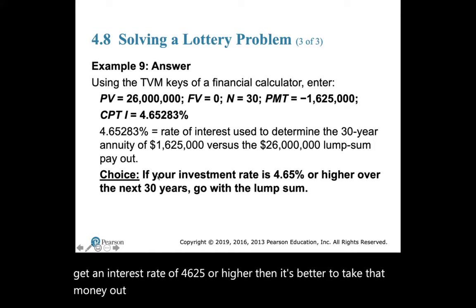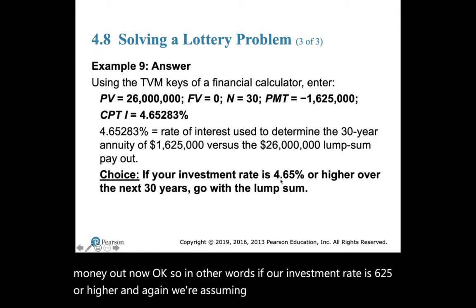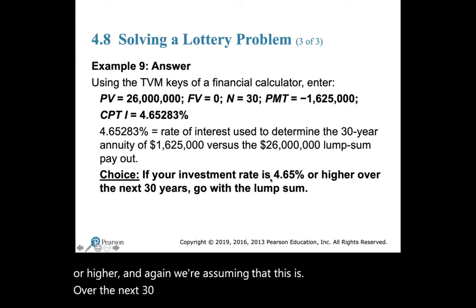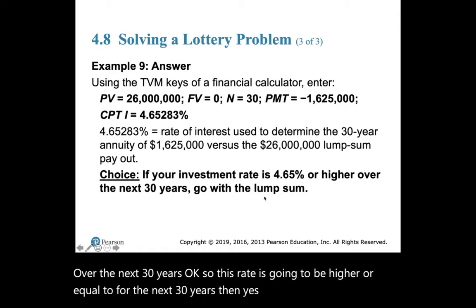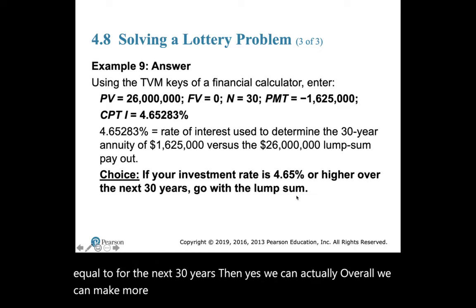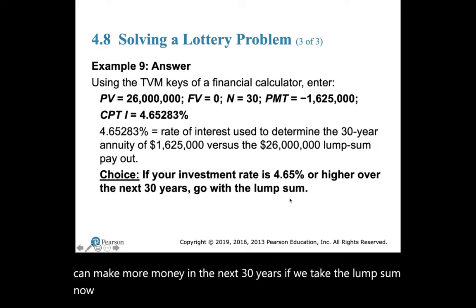In other words, if our investment rate is that or higher, and we're assuming this is over the next 30 years, then we can make more money overall if we take the lump sum now and reinvest it. So that's what we would choose.